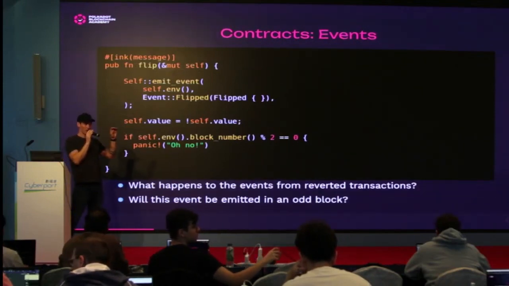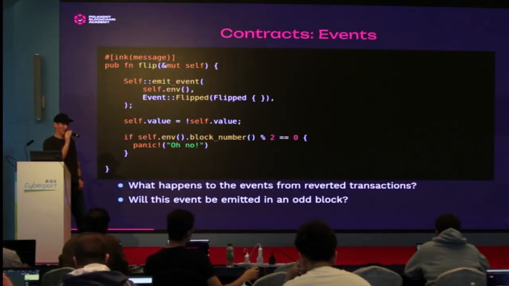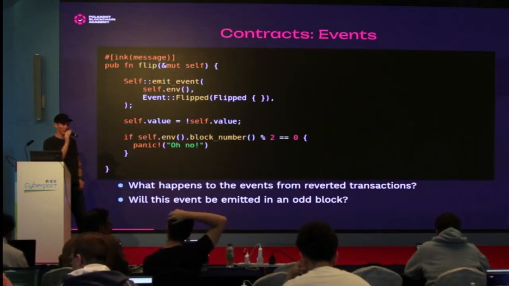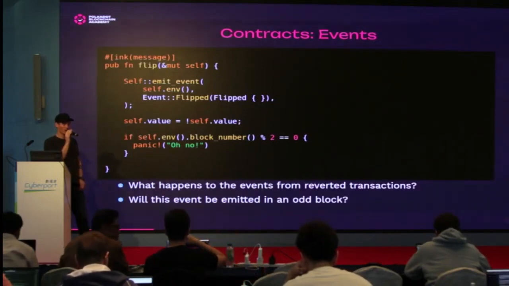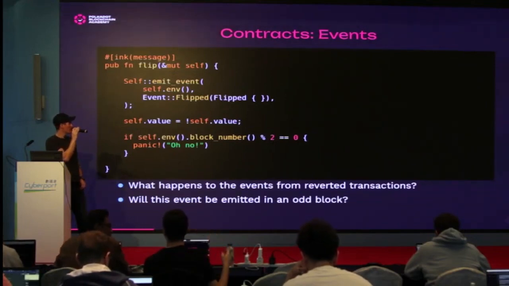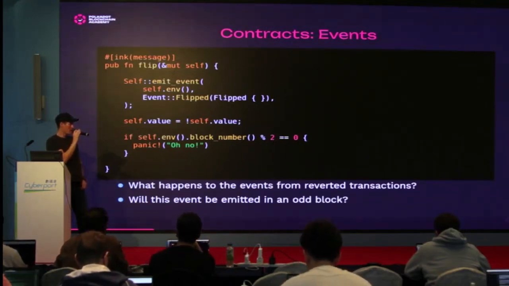It's like a log, so it's not the same as writing into storage. Events are put into a different place. If you wanted to replay all the events, not every node might know that. You need something called a full node, which really has all the past state and can replay it. That gives you the events.